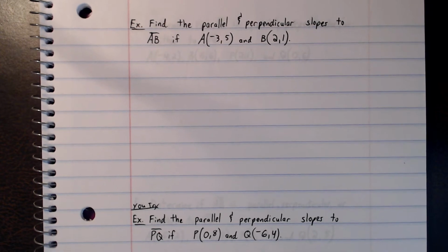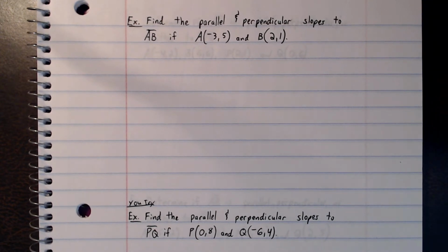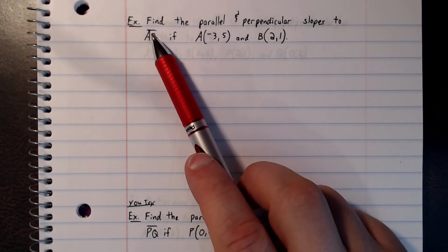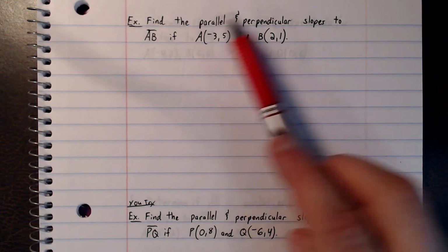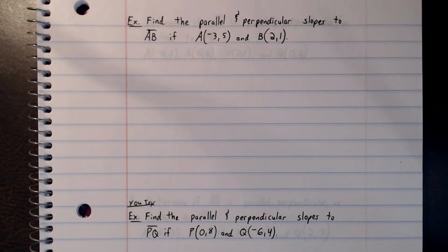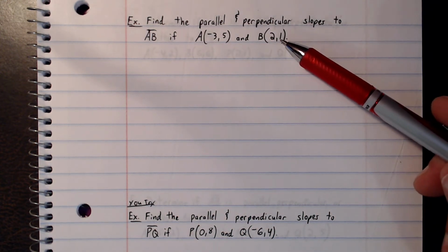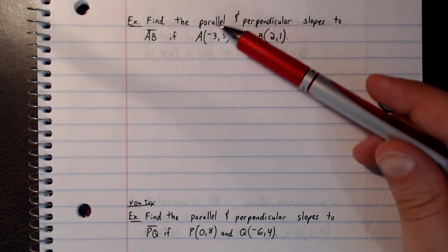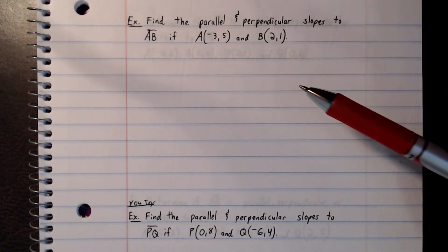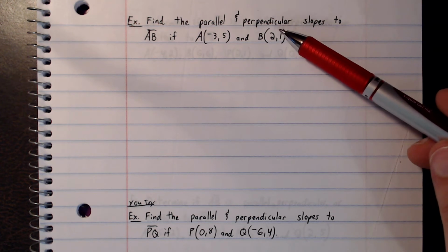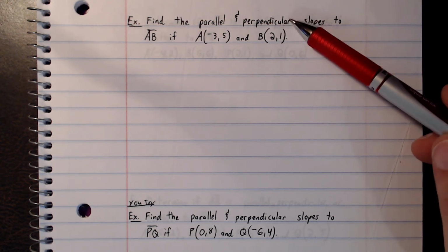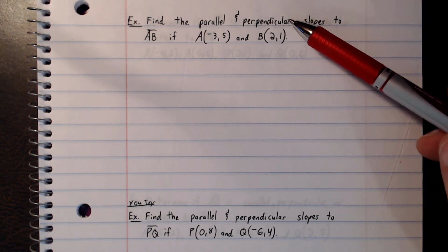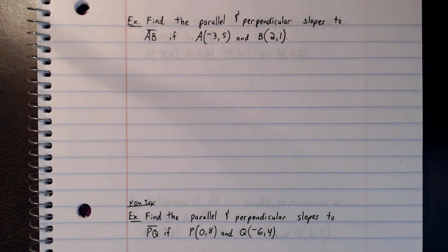So what does that mean? We got to figure out the slope of AB, and then we're just going to find one that's parallel and one that's perpendicular. As soon as we get the slope of AB, we automatically get parallel because they have to be equal. Once we get slope of AB, we have to flip it upside down. That's the reciprocal, and then change the sign, and that'll give us perpendicular.